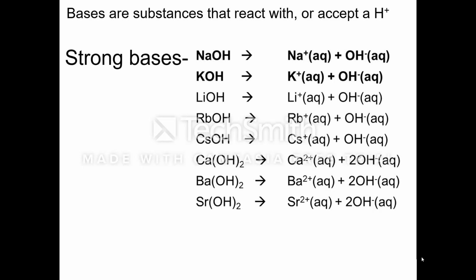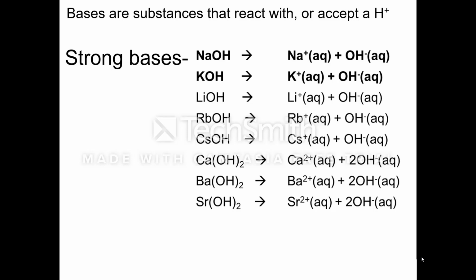The strong bases are all the group 1 hydroxides: sodium hydroxide, potassium hydroxide, lithium hydroxide, rubidium hydroxide, and cesium hydroxide. And the heavy group 2 hydroxides, and those are calcium hydroxide, strontium hydroxide, and barium hydroxide.